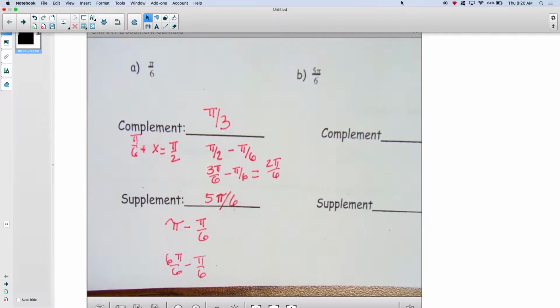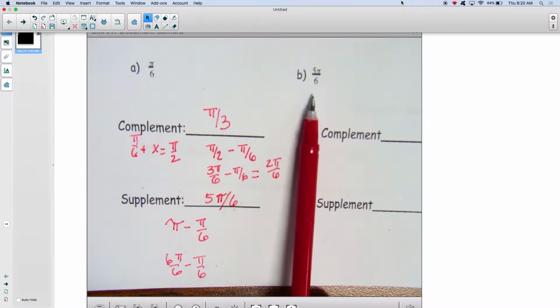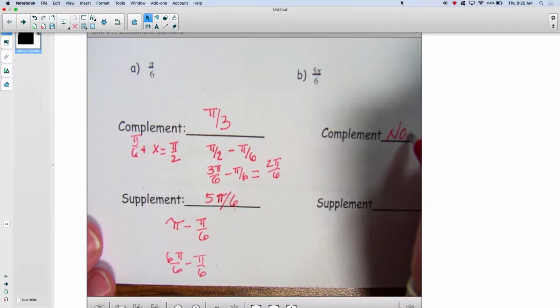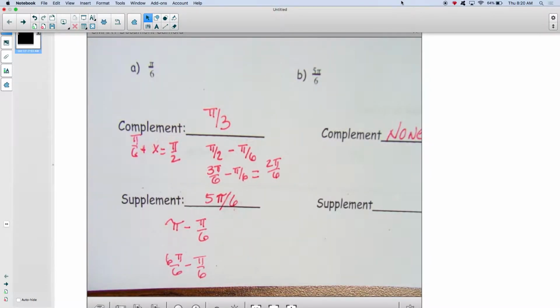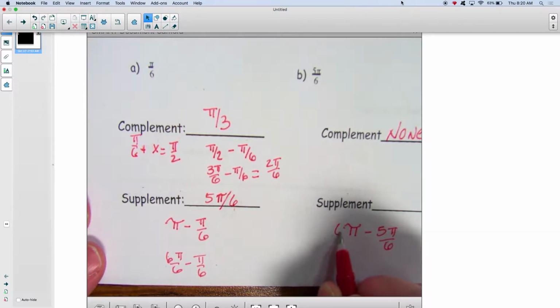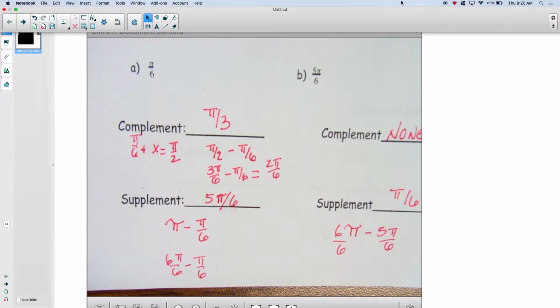But in order for them to be complementary, it needs to be what? They need to be positive angles. So this number, 5 pi over 6, isn't that bigger than 90 degrees? It's bigger than pi over 2. So it does not have a complementary. It's already larger than 90 degrees, so we do not have a complementary. And then for this one, pi minus 5 pi over 6, that's 6 over 6, gives us pi over 6.